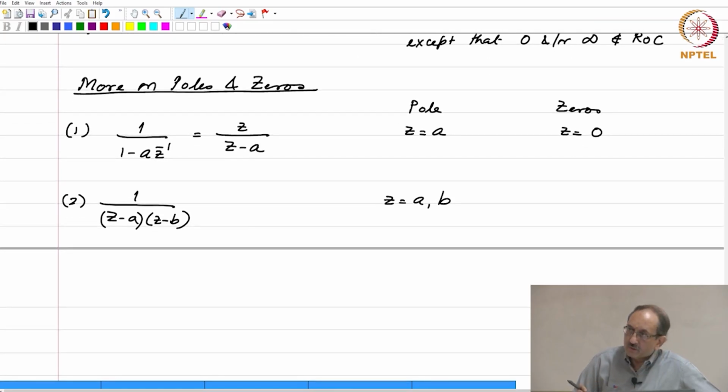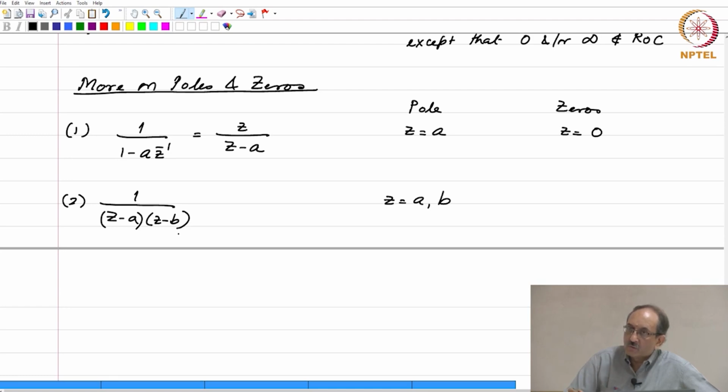What about zeros? So, what is the definition of a zero? Zero is when the function goes to 0, all right.